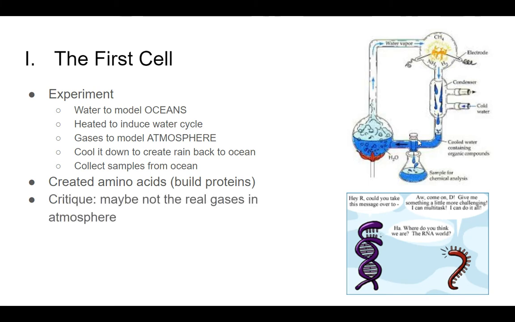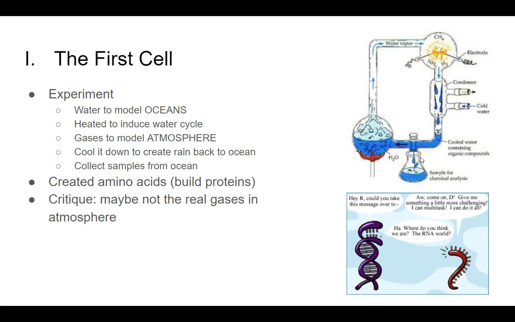Now, there is a pretty significant critique to their experiment, and that is they may not have gotten these gases exactly correct. That changes some of the chemical compositions that would have been available to create whatever ends up being created.